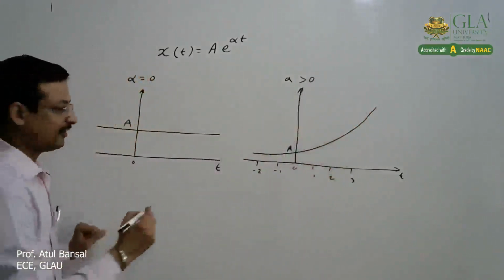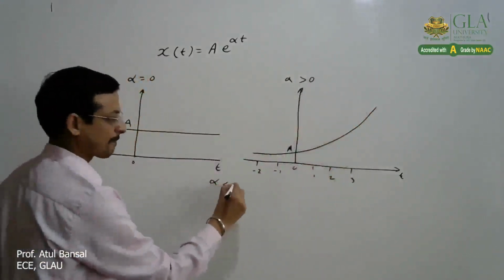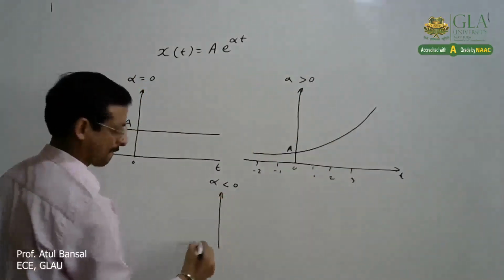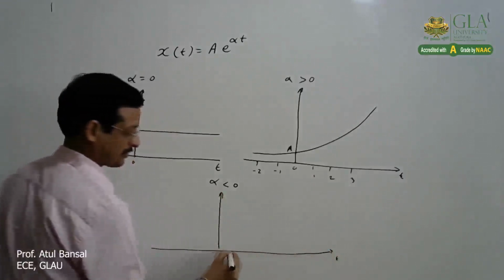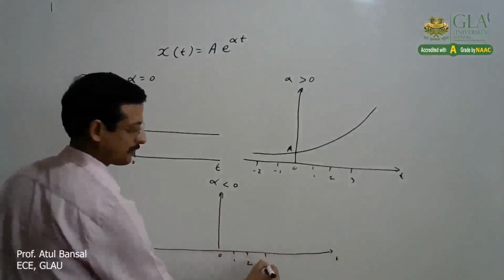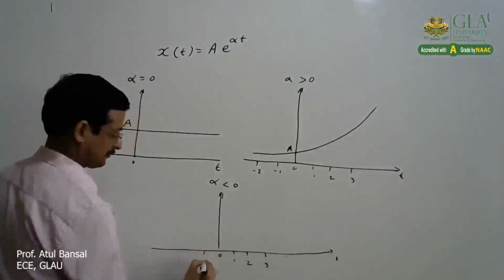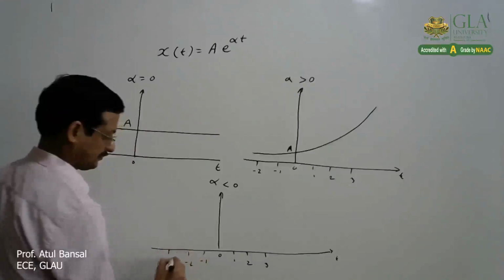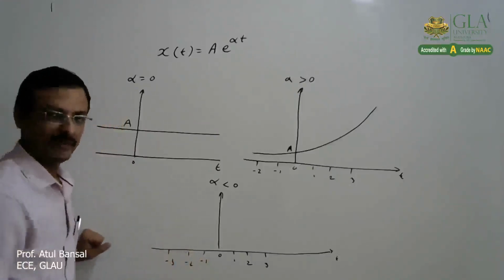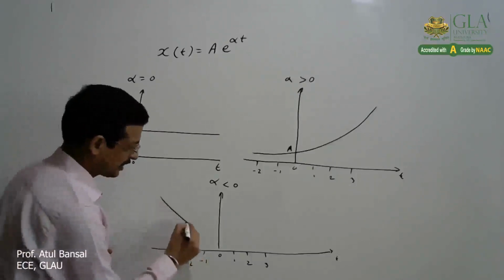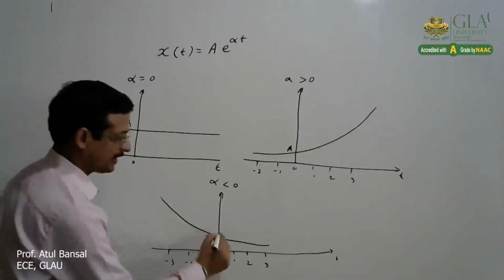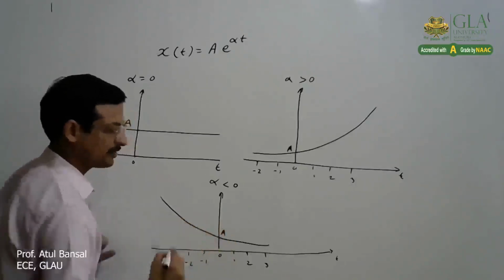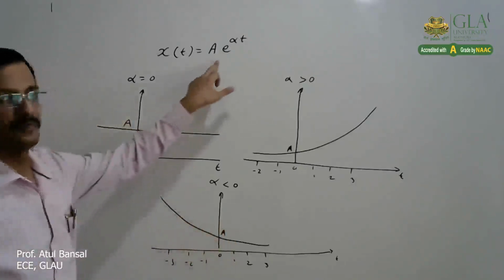And thirdly, if alpha is less than 0, again if you compute mathematically, you can show that this signal is an exponentially decaying signal, and again at t equal to 0, the maximum amplitude would be A, right?